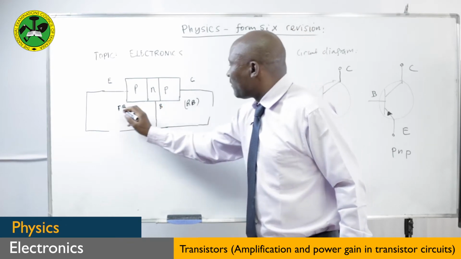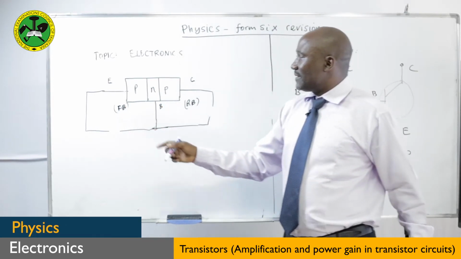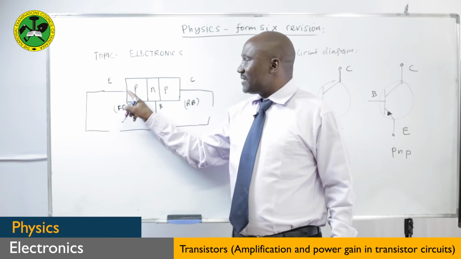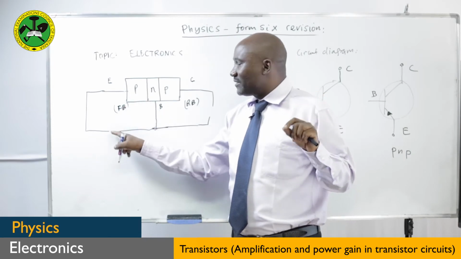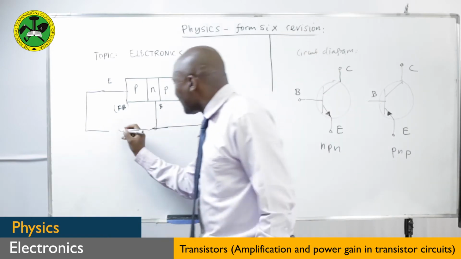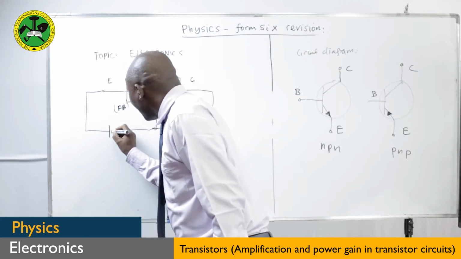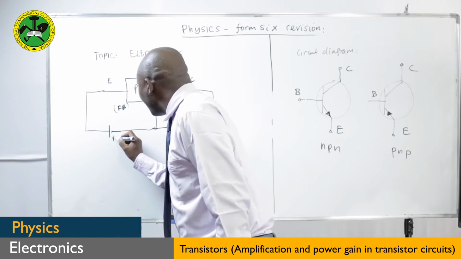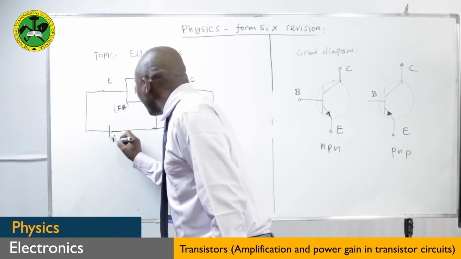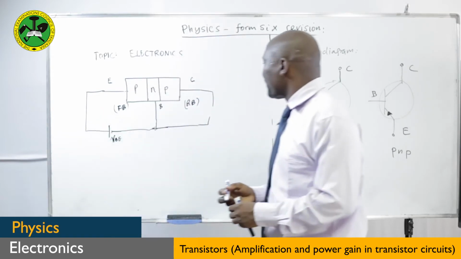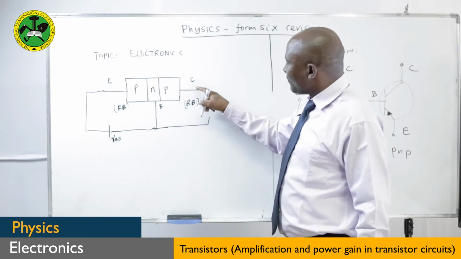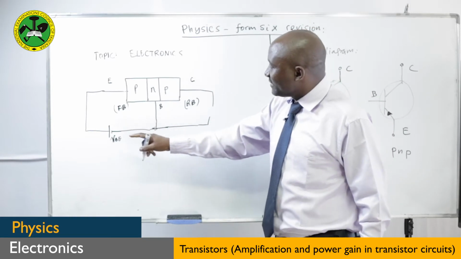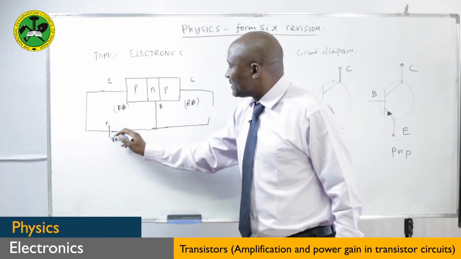Remember, forward bias means this is P. The P semiconductor must be connected to the positive terminal of the power supply. Here we have the source of the power supply. This is given as VBE, maybe, a voltage. And then we have this voltage here, which must be connected to this one. So you can see this is positive, this is negative.